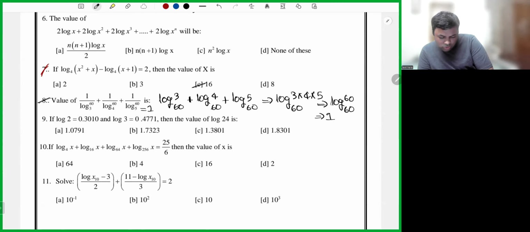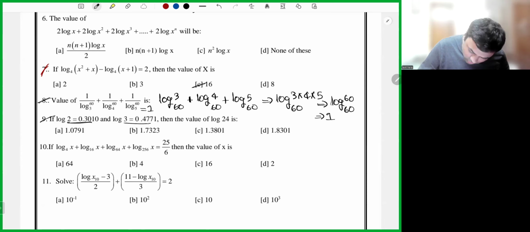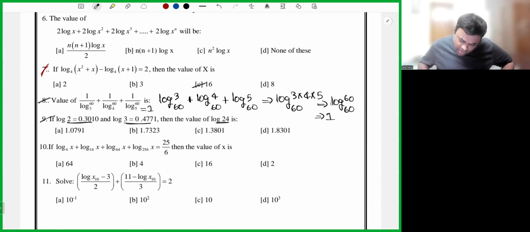Next, coming to question number 9, log 2 value is given, log 3 value is given, log 24 value is given. He's asking. You can do it in calculator, or you can use the information what he has given here. How will you write log 24? Can I write log 24 like this? Log 8 into 3. 8 into 3 is 24, right?